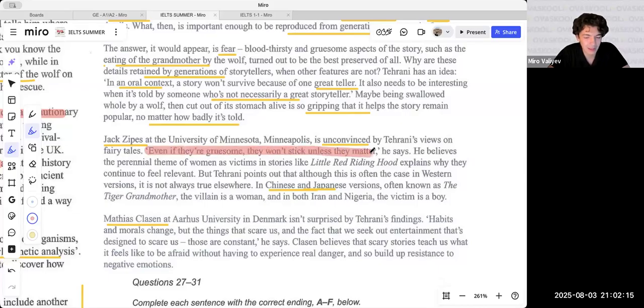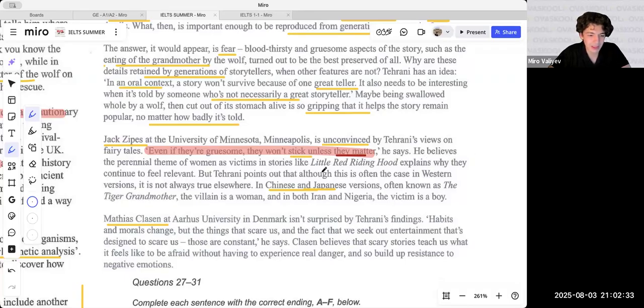Even if they're gruesome, even if they're horrible, the stories won't be here. They won't stick unless the stories actually matter. Unless we really need the stories, they won't be here.